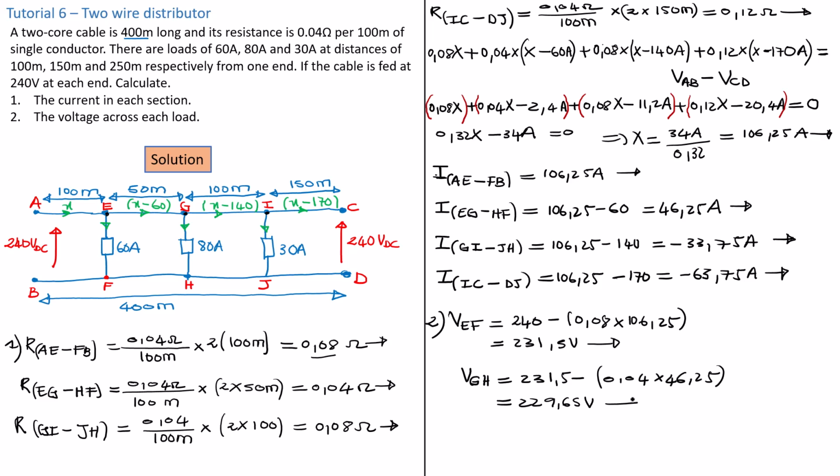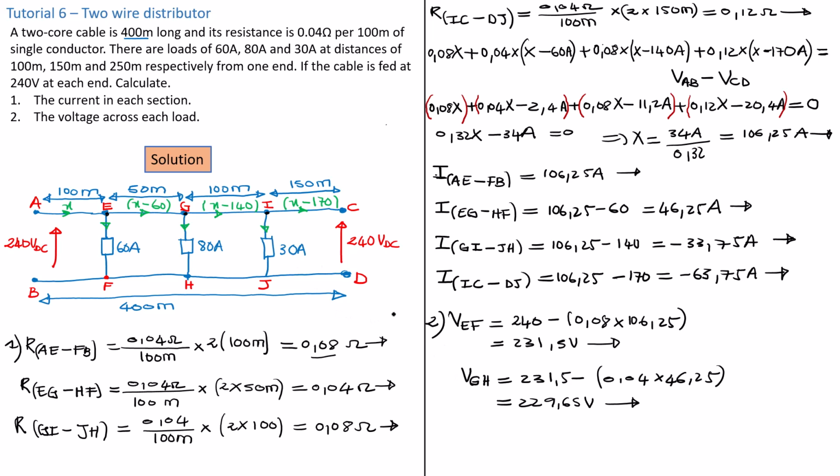229.65 volts. Now for the voltage at point IJ. Remember, all these other voltages that we just calculated, we will get exactly the same value if we start calculating from point AB or from point CD. They will be exactly the same voltage because the circuit will have to verify.